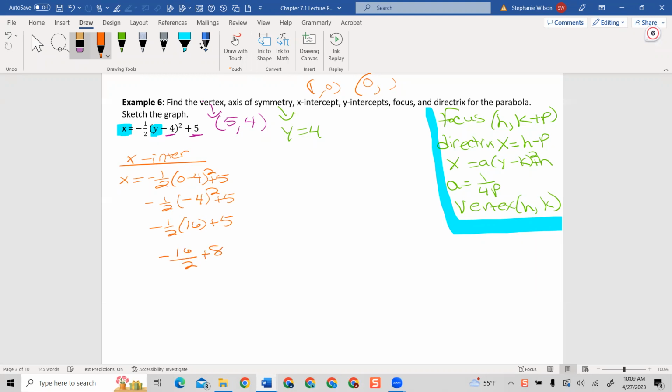And then half of negative 16 is negative 8. Oh, and I wrote 8 down because I was looking at the answer. That should be 5. So negative 8 plus 5 is going to be negative 3. So my x-intercept is going to be negative 3 comma 0.